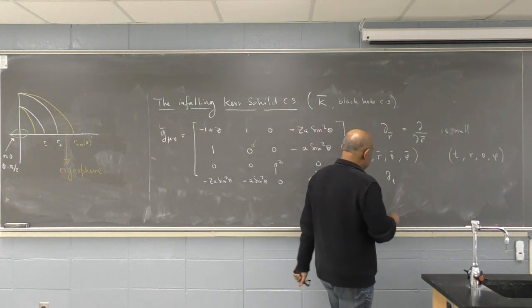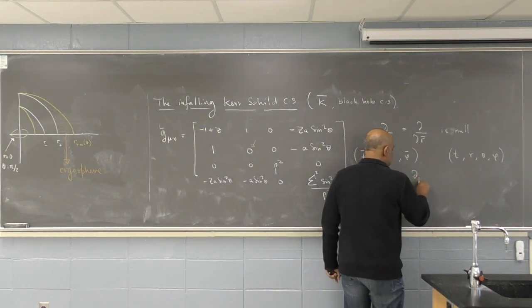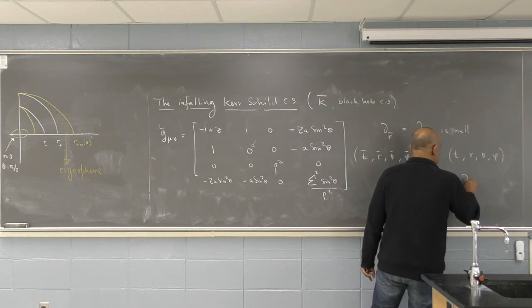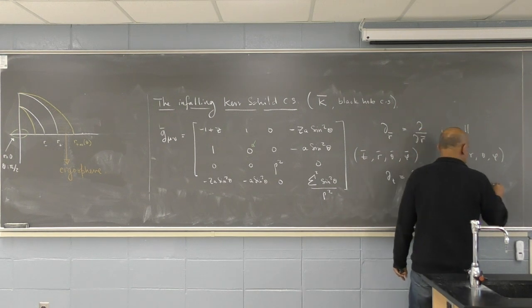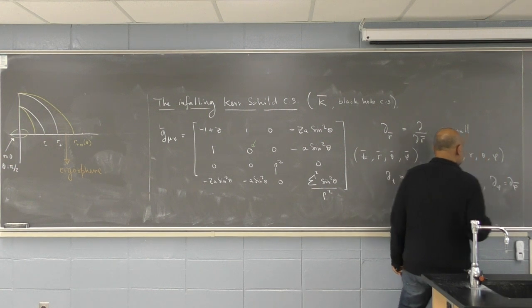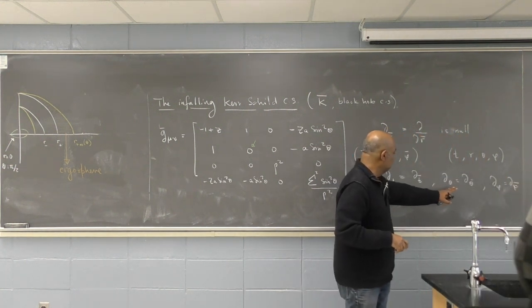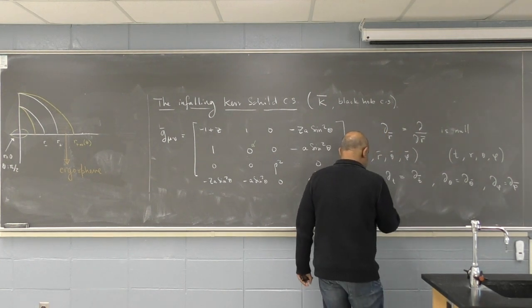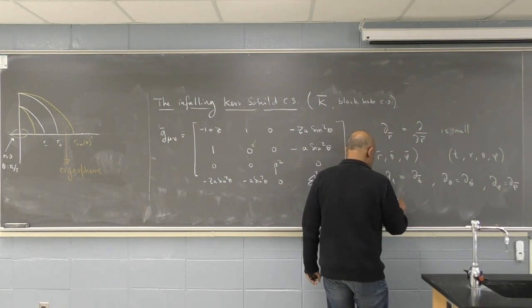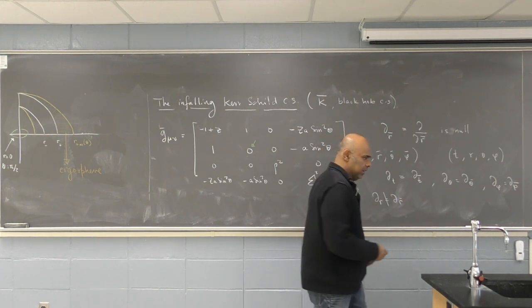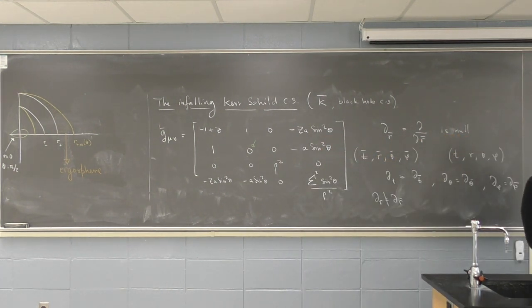And if you went through it, you will see that this is in fact true. You can expect certainly this to be true. What is not true is the fact that dr is equal to dr bar. I think we may have even worked out last time what it was.